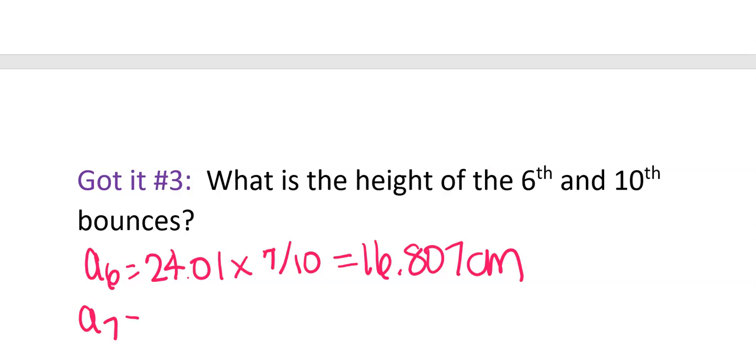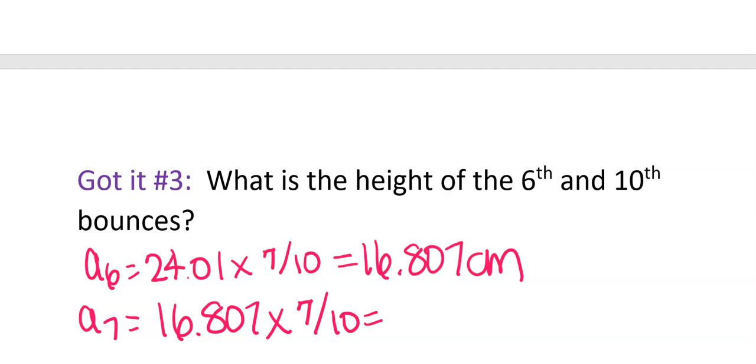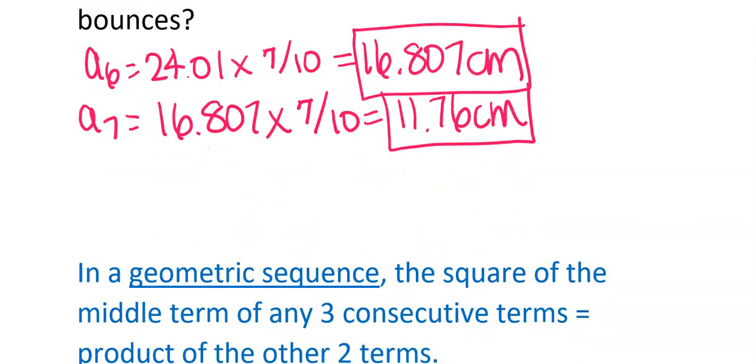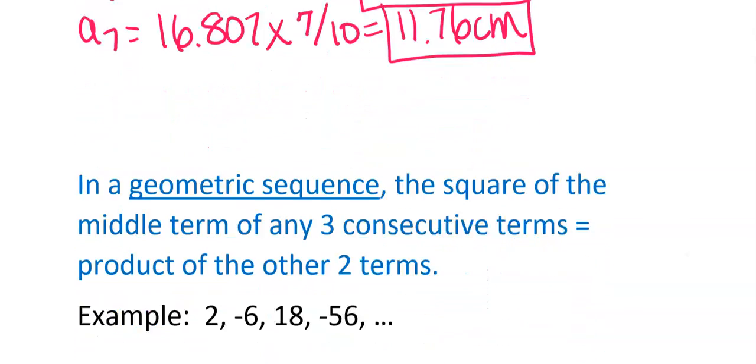And then a sub 7 would be 16.807 times 7/10. 11.76 is fine. So there, I probably wouldn't use formulas if it's just a couple away. If it was the 75th, I would write a formula and use it that way.